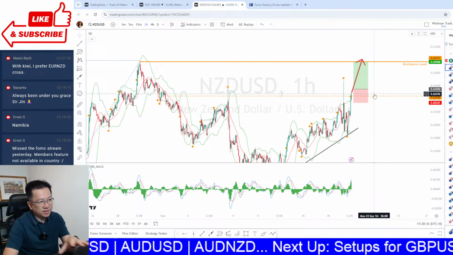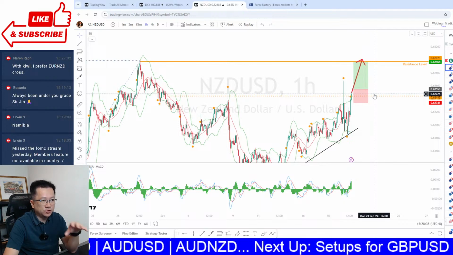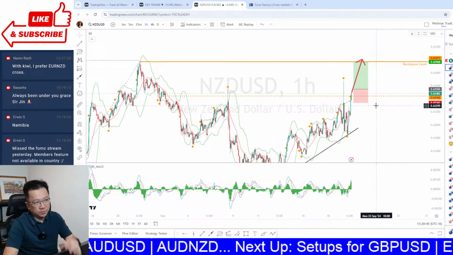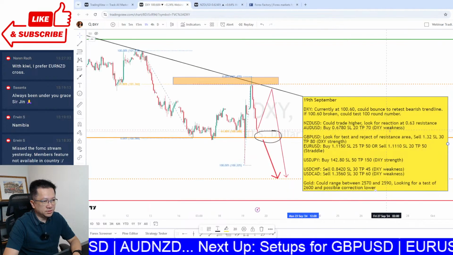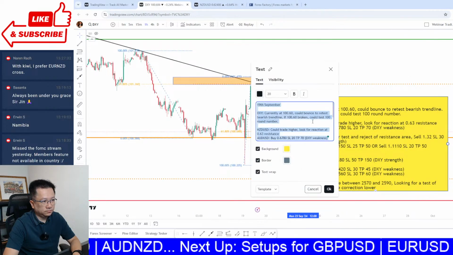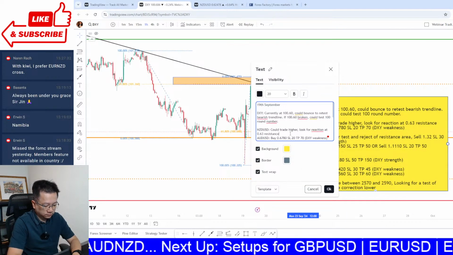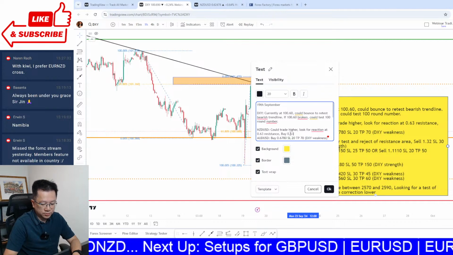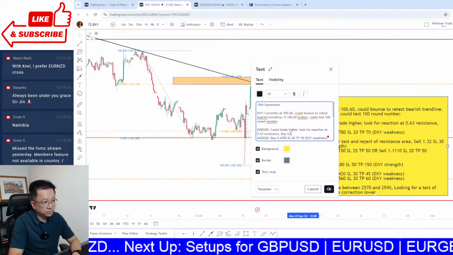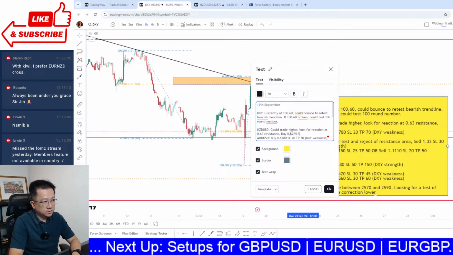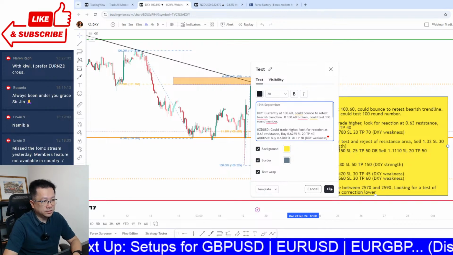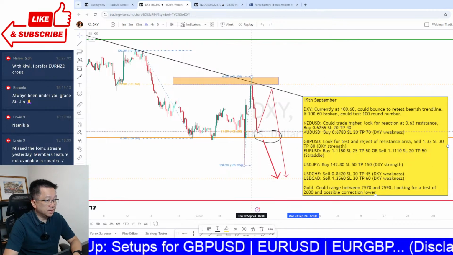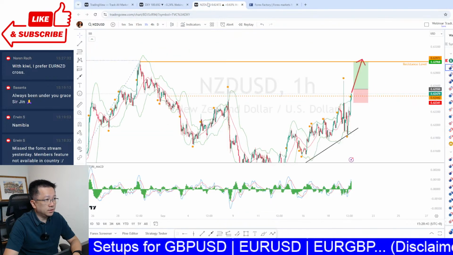If I had nothing else to do, no other trades to get into, maybe I'll do this one. So I'm going to put that first. I'm going to buy at 0.6255, stop loss 20, take profit 40 to the upside. You see that it's trying to push back down a bit.